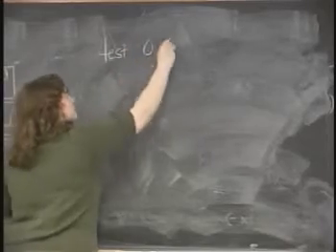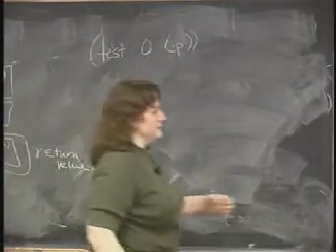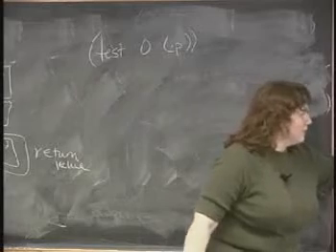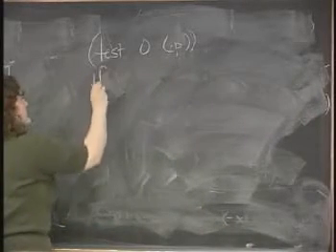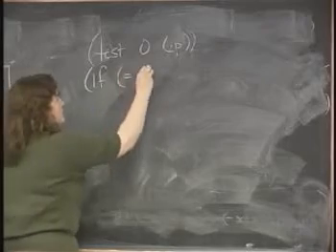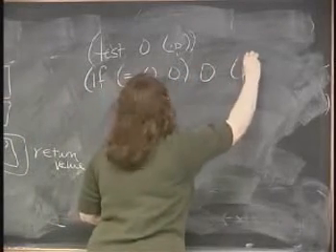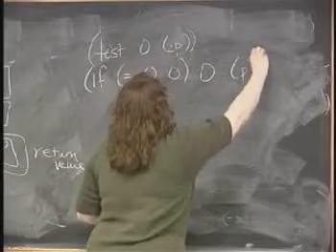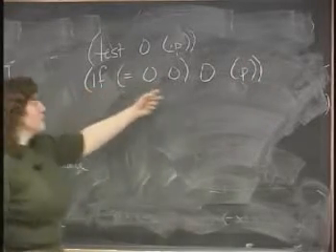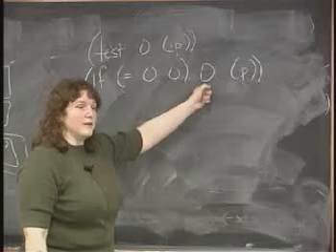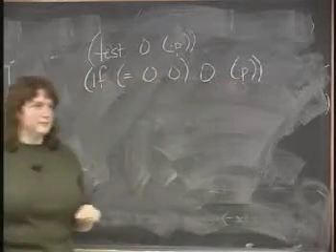Test 0 P is going to expand into the body of the lambda with the variable replacement. In this case, if equals 0, 0, 0, otherwise P. We only evaluate one case. And because if is a special form, we check the predicate, it's true, we only evaluate the consequent, we never evaluate the alternative.